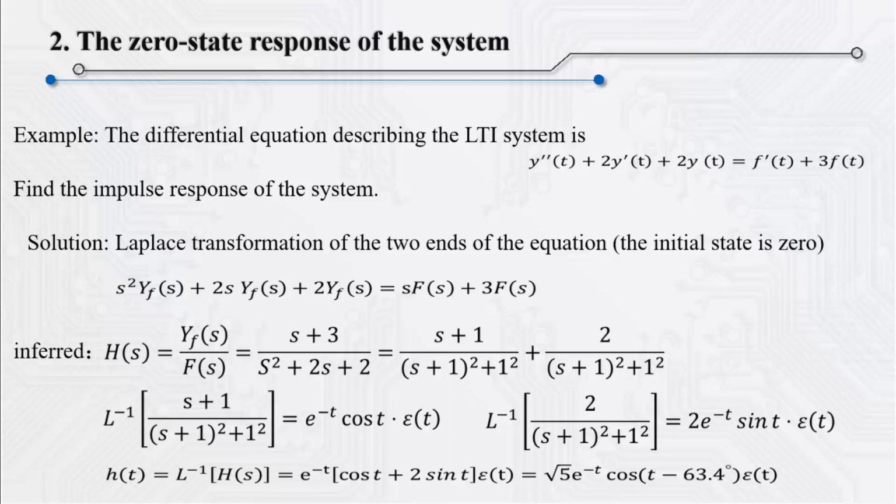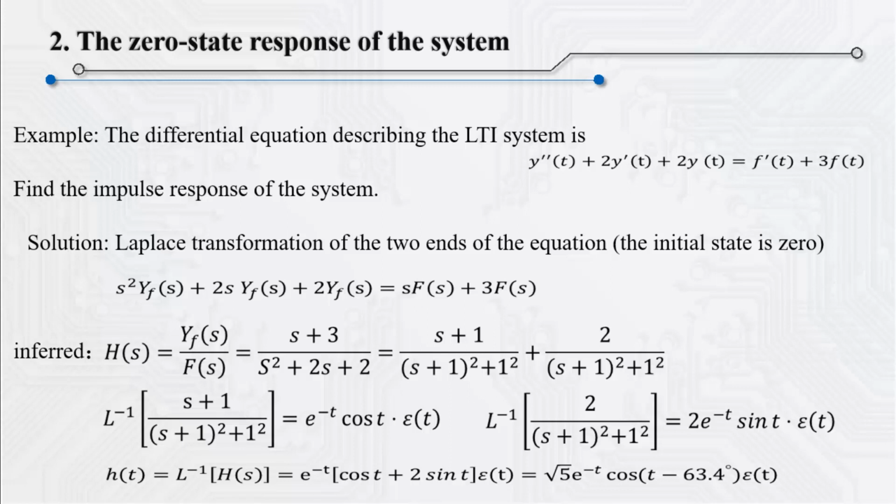So we make a Laplace transformation on both sides. The initial state is 0. The result of the Laplace transformation on both sides is s squared Y(s) plus 2s Y(s) plus 2 Y(s) equals s F(s) plus 3 F(s).